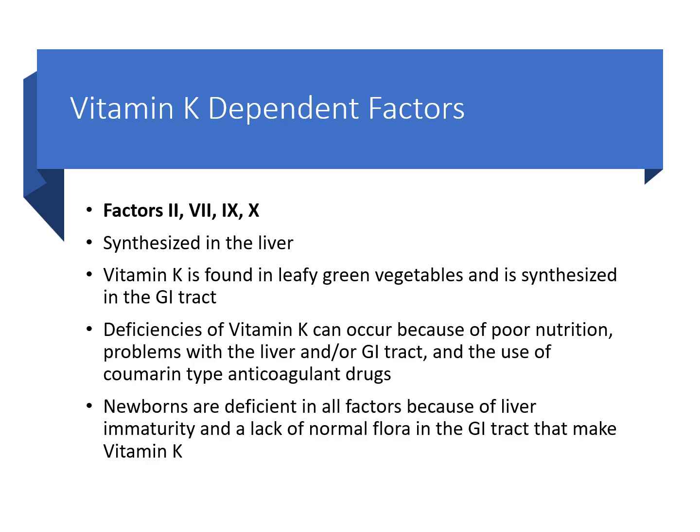So is vitamin K not being produced because our GI tract doesn't have the right flora, or is the liver not working so it can't synthesize those factors? And maybe even some use of Coumadin type anticoagulant drugs, which inhibit that carboxylation of the factors that are vitamin K dependent.